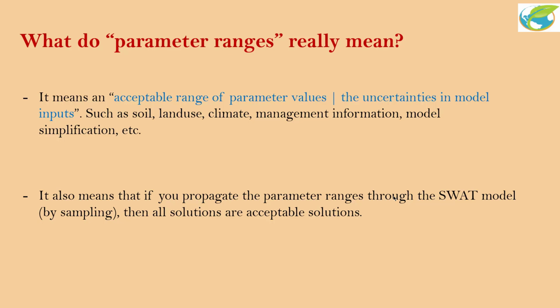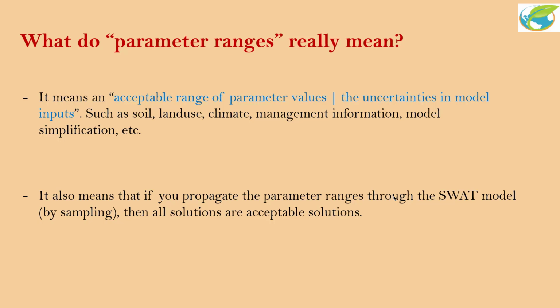So because your model is uncertain, therefore when you calibrate, your parameters are going to be also uncertain. So your model uncertainty comes from soil, land use, climate, management information, simplification of the model, and so on.